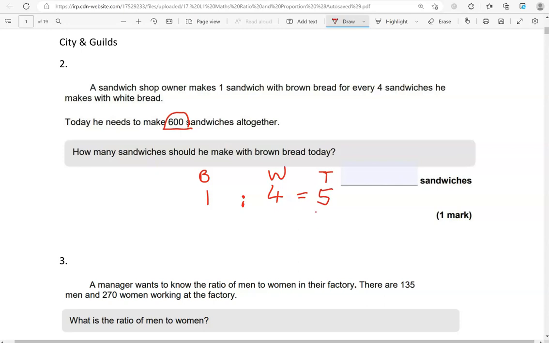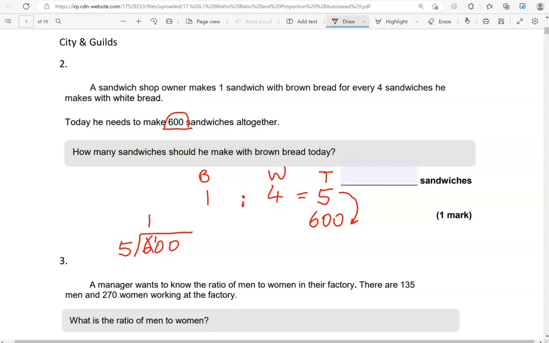If he needs to make 600 of them, what's happened? How did we get from 5 to 600? What do we multiply 5 by to get to 600? That's why we're going to do 600 divided by 5. So how many 5s fit into 6? That is 1. And we have 1 remaining.